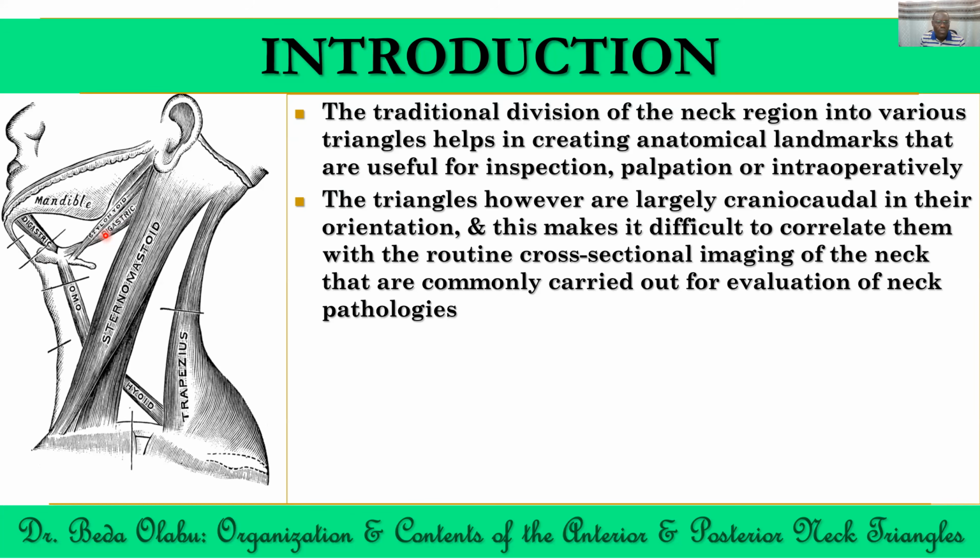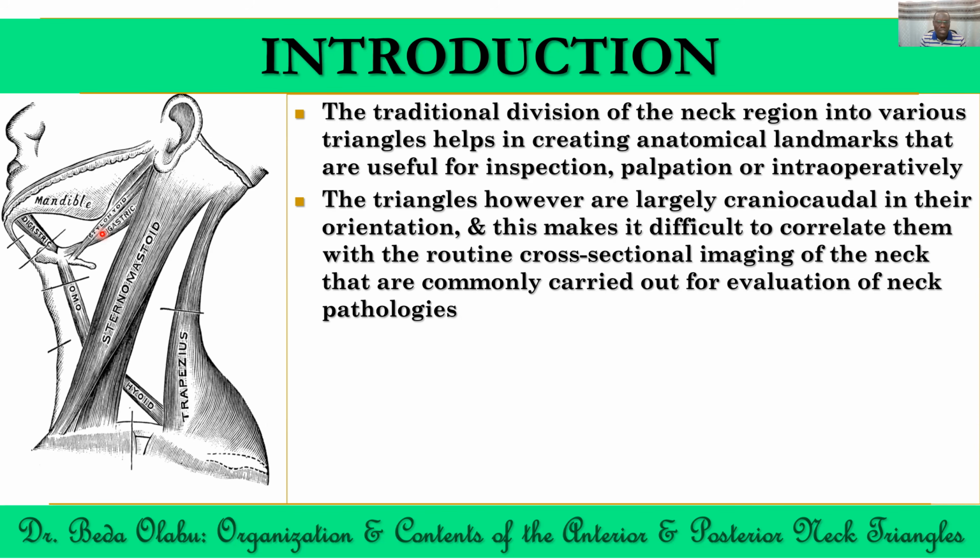There's a challenge, however, with this triangular anatomy of the neck, because the triangles have a craniocaudal orientation, which means that they extend from above going down. This makes it really difficult to correlate them with imaging of the neck, because CT and MRI images of the neck are usually done as axial images, a cross-section image, a transverse image of the neck.